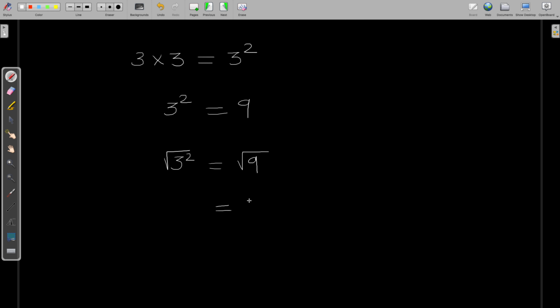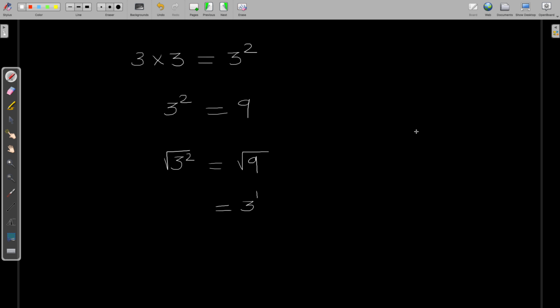You know that 3 times 3 can be written as 3 squared. Now 3 squared is actually 9. When I take the square root of 3 squared, I take the square root of 9, which is 3. 3 means 3 to the power 1. That means this 2 gets eliminated when you take the square root of 3 squared, or in other words the square root of 9.